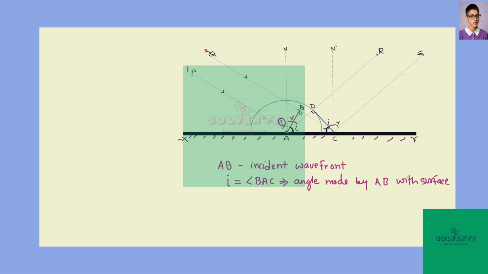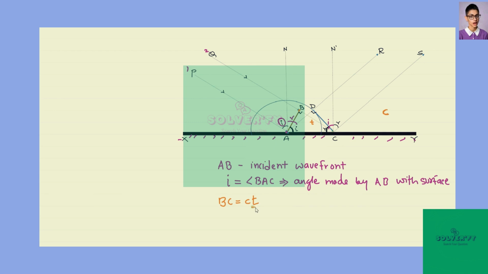Now consider that the point B, which acts like a secondary source of light, still doesn't reach the surface. If T is the time required to reach from point B to C, then this BC distance I can write as CT, where C is the velocity of light in the air medium.